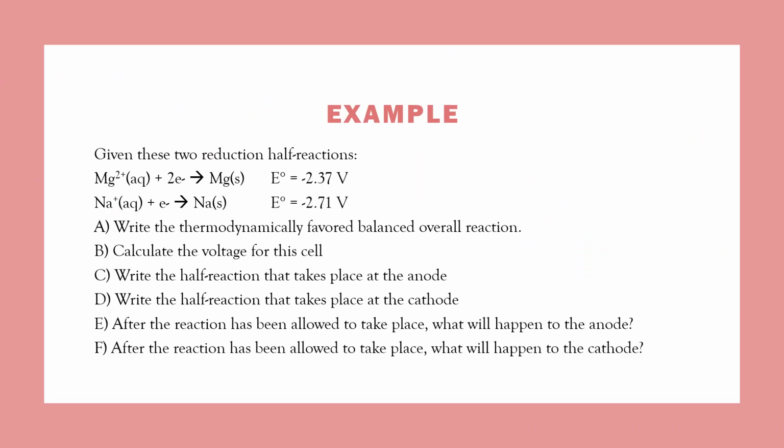So we have 2 half reactions. We want to write the balanced overall reaction. Whichever one is smaller will give us the thing that we need to flip. So it's this one, the sodium one. We need to flip that around. And we also need to multiply it by 2 because we need to make the electrons match.